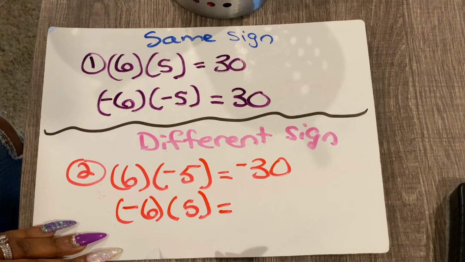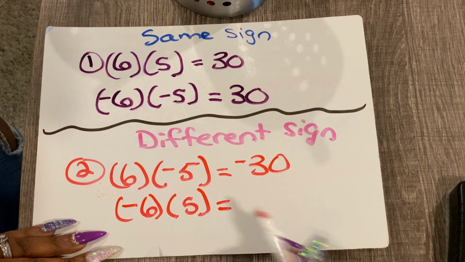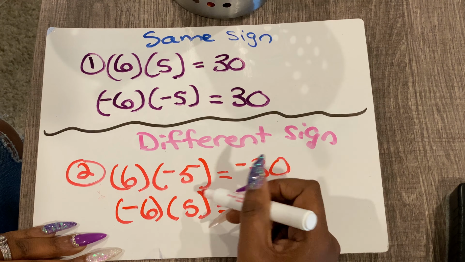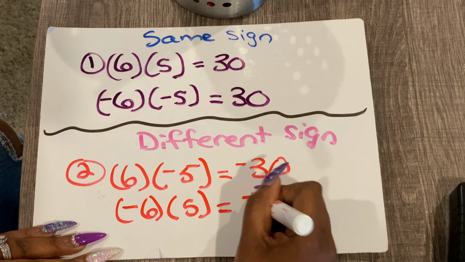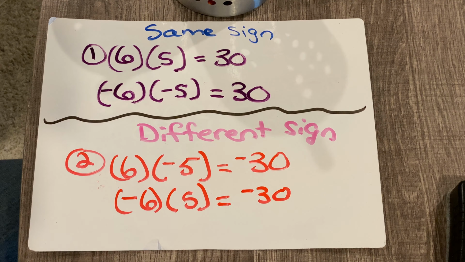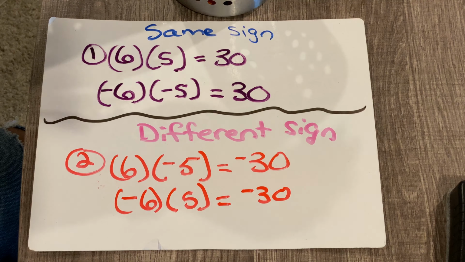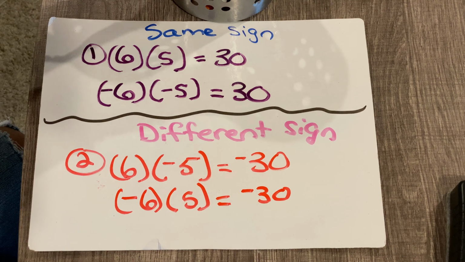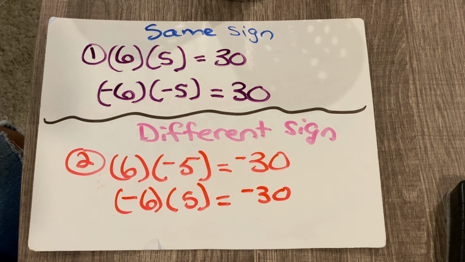There's still the different sign, right? So it's still going to be a negative. If you want to take a picture of this example, take a screenshot, pause the video, write it down. We're getting ready to move on.